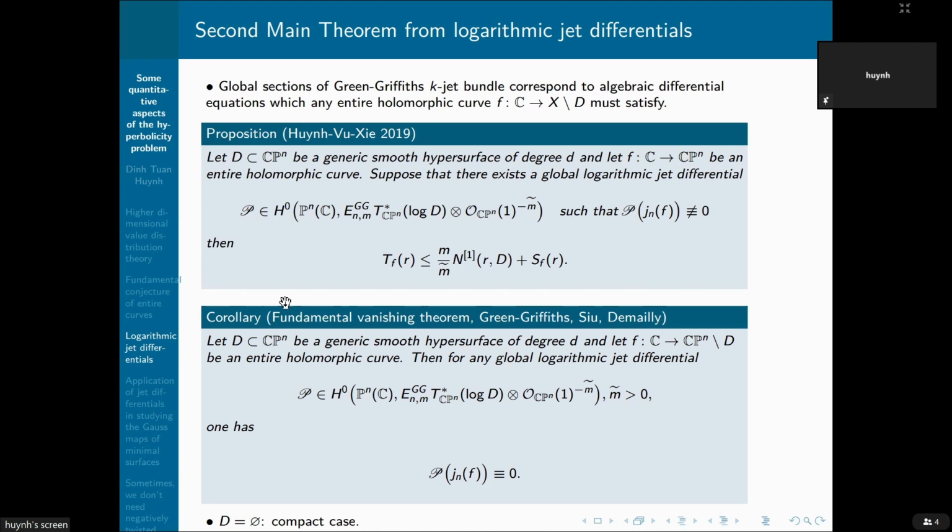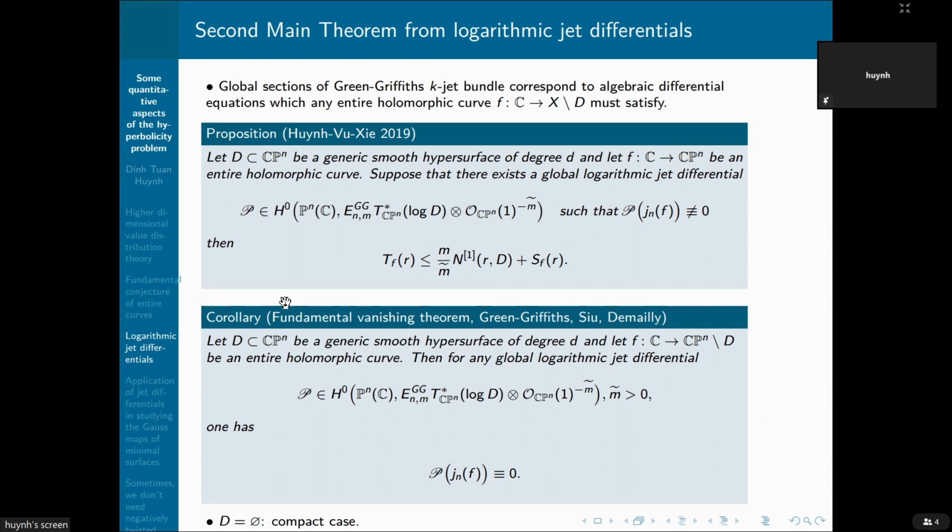Then, such that P applied to the jet of f is not identically 0, we have the second main theorem estimate: the bound T_f(r) is less than or equal to m divided by m theta times the counting function of f with respect to D with truncation level 1, modulo a bounded term, another term.